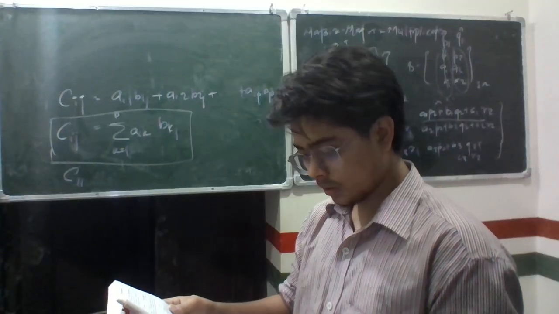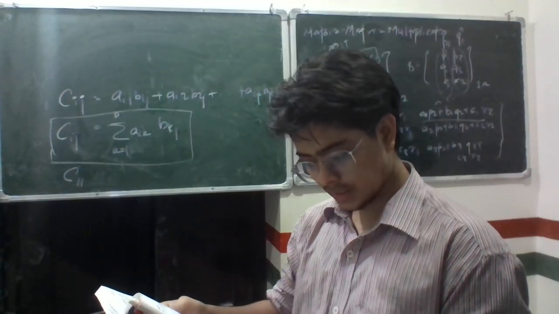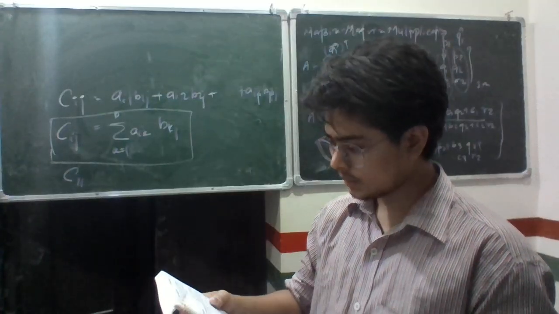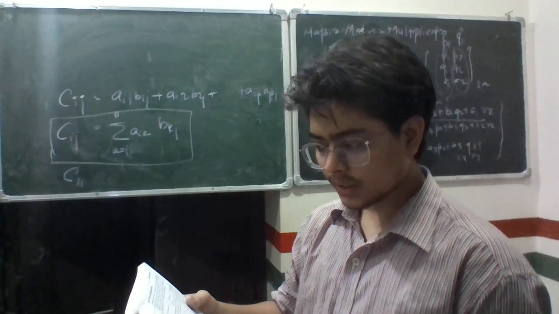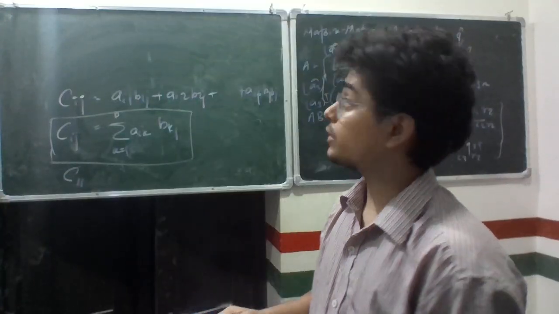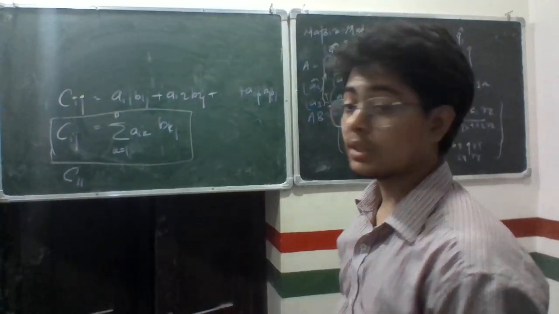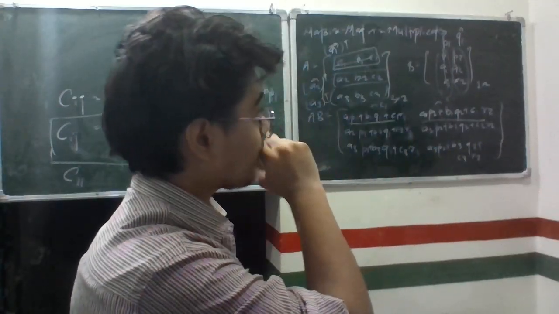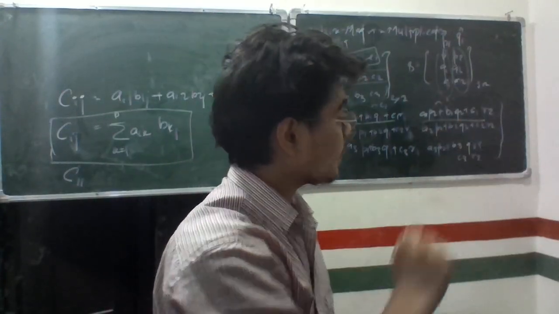Now after understanding this, we have also come to the fact that we can do matrix multiplication in two ways. The first is to break the columns of the second matrix and write them in the form of vectors.